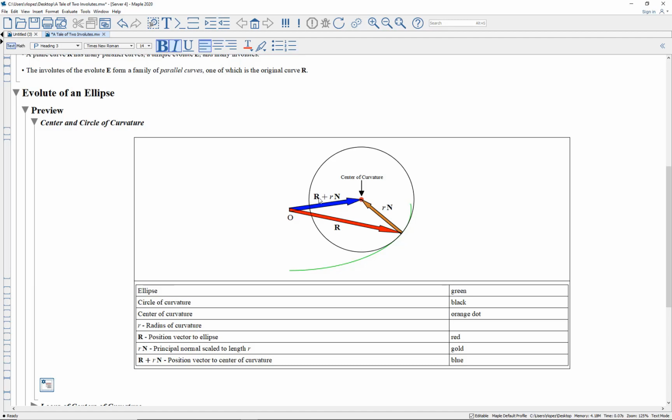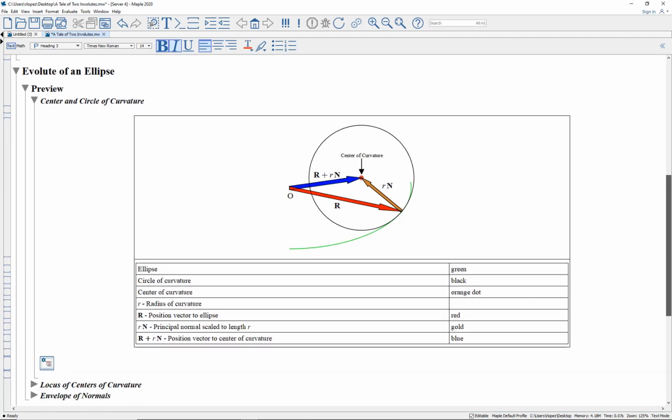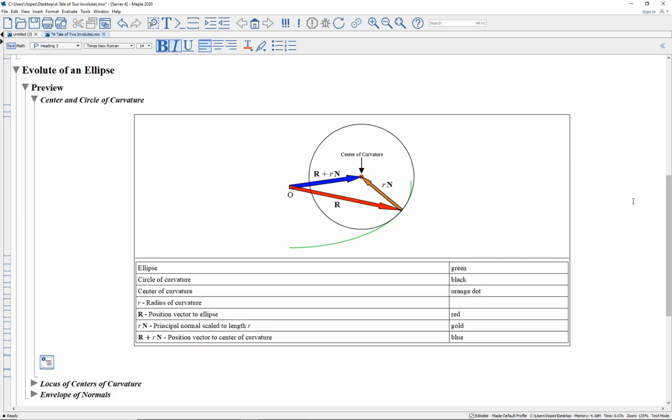And vector addition, r plus r n, the blue vector, will trace out the center of curvature, the trajectory that the center of curvature makes as it moves along. So what is this locus of the centers of curvature?